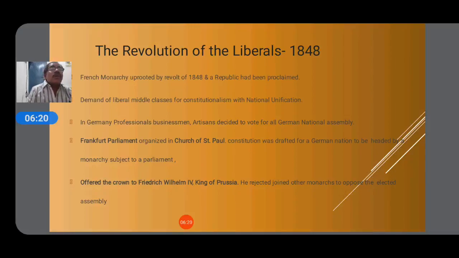A constitution was drafted for a German nation to be headed by a monarchy subject to parliament. They offered the crown to Frederick Wilhelm IV, King of Prussia, but he rejected it and joined other monarchs to oppose the elected assembly.